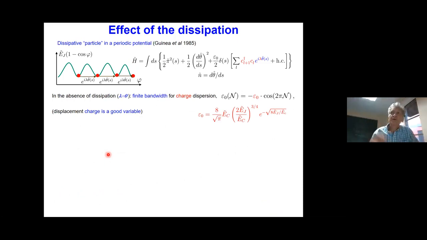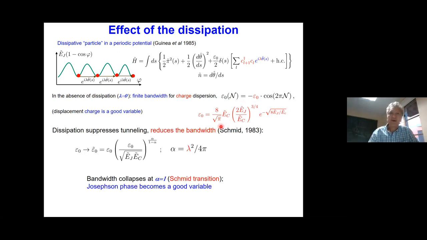So, what does this coupling lead to? If lambda is 0, so no coupling, we just discussed it. If I look at the lowest band in this tight binding potential, the band has a finite width, and this is the WKB expression for the width. Now, introduction of the dissipation of the environment actually makes the band more narrow.